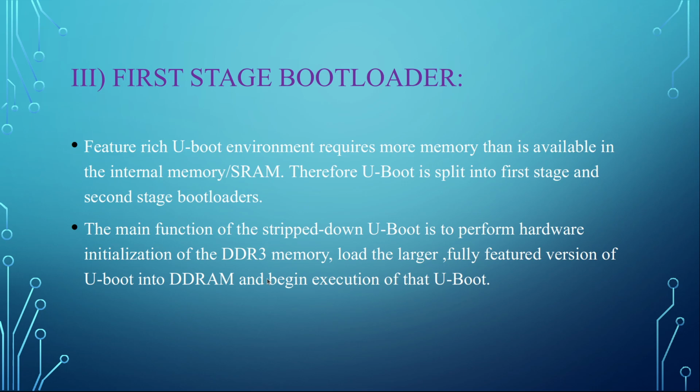What the first stage bootloader will do is, it will initialize the DDR3 memory, the RAM which is connected on the embedded system board. It will initialize it and start the operation of the RAM to load the larger fully featured version of the U-boot into the RAM.